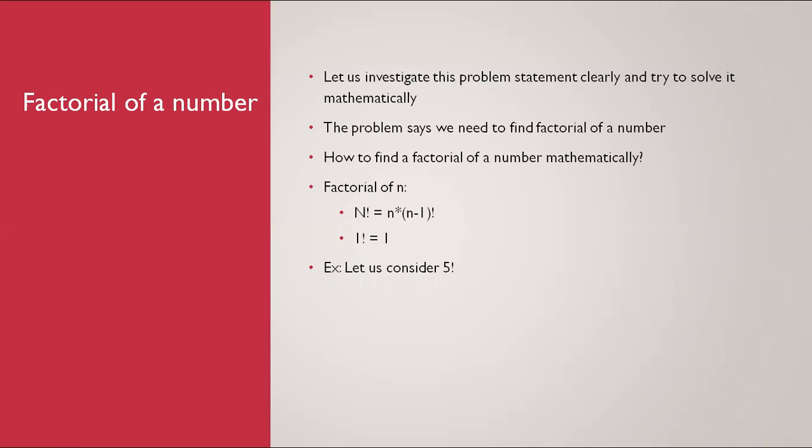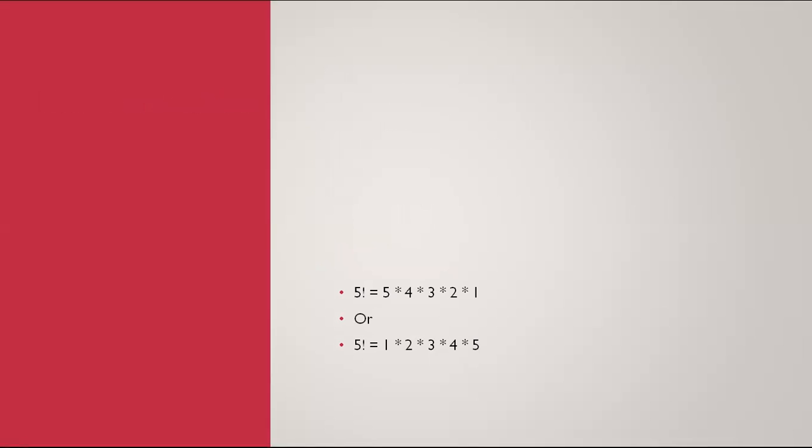This can be rewritten as 5 factorial equals 5 into 4 into 3 into 2 into 1, or 5 factorial can be written as 1 into 2 into 3 multiplied by 4 multiplied by 5. Either way, let us see why it has been written like this, and then we can jump into programming and write the logic for it.